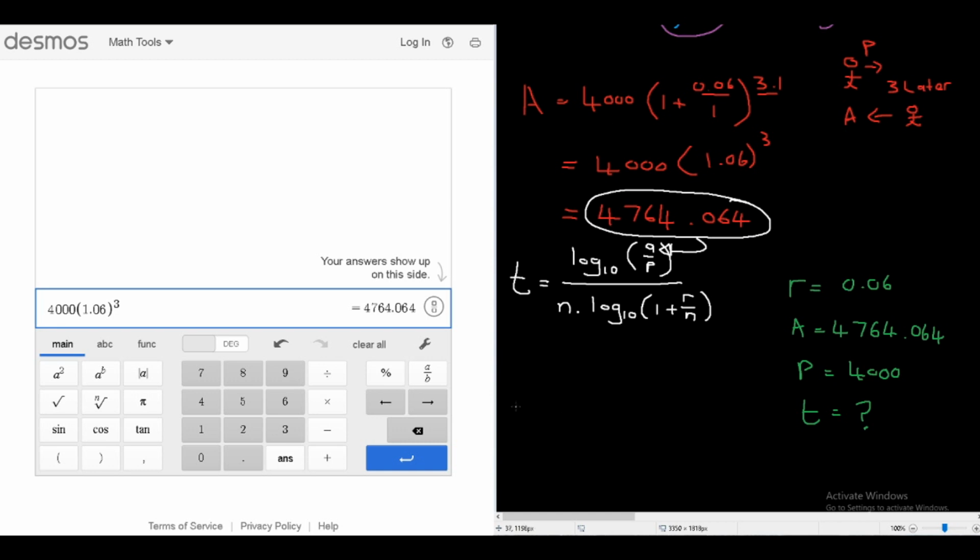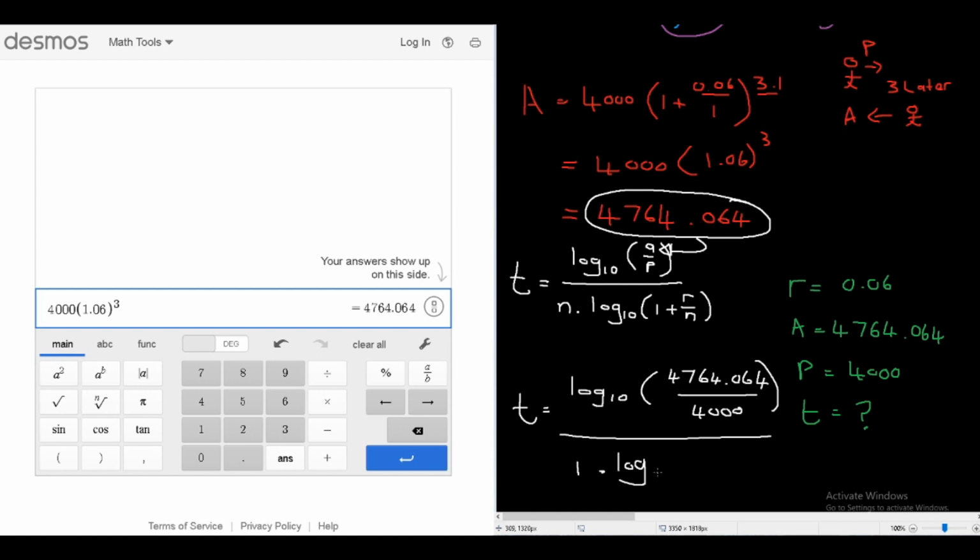So now let's input these values. So let's say T is equal to log base 10 parentheses A being 4764.064 over P being 4,000 over N. So N, remember N is a term, so it's going to just be simply 1. I don't really have to write this, but for the video I will do that. Log base 10 parentheses 1 plus R being 0.06 over 1.